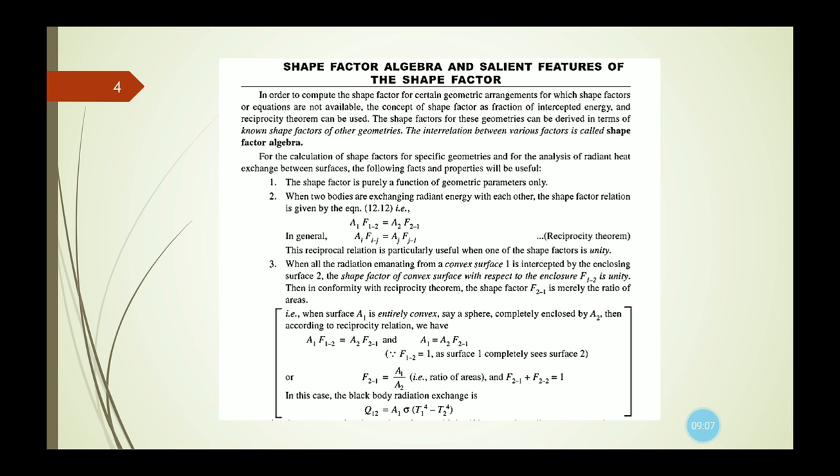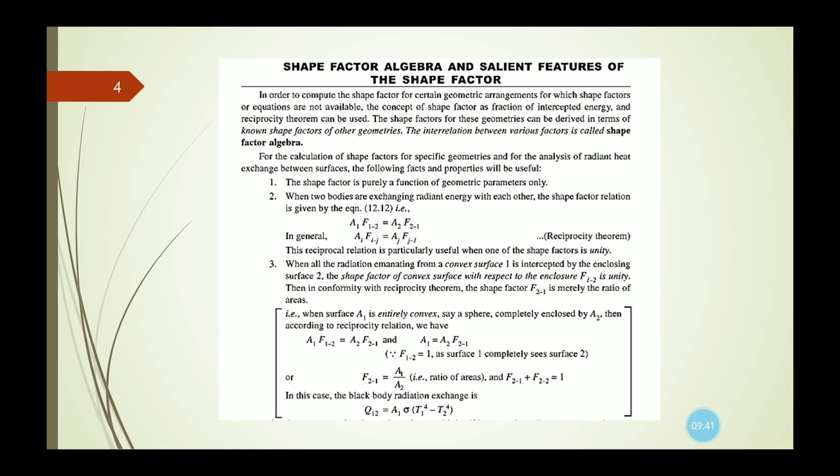There is a small derivation for that. Surface A1 is entirely convex, say a sphere, which is completely enclosed by A2. So the surface A2 is covering the convex surface A1, and according to the reciprocity relation, A1 F12 equals A2 F21.